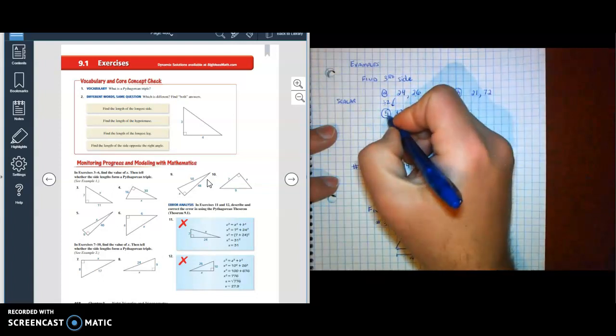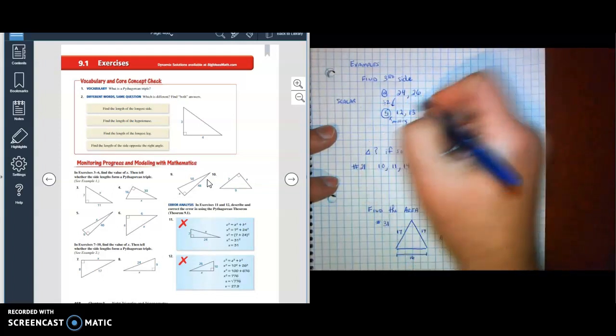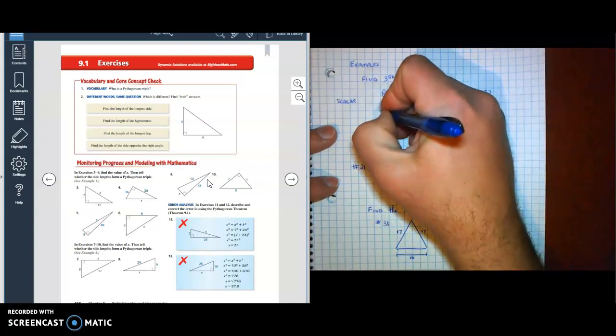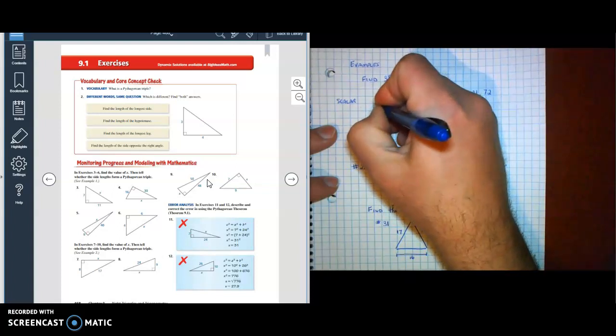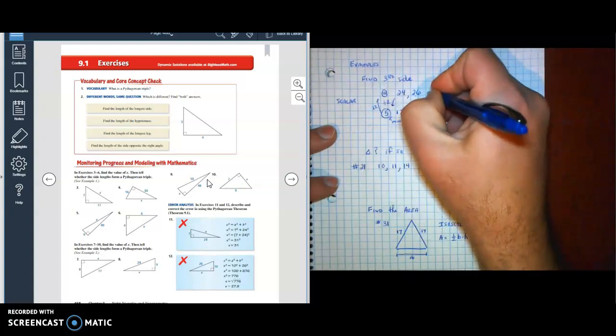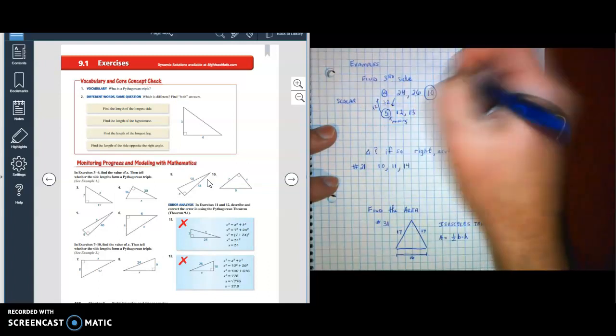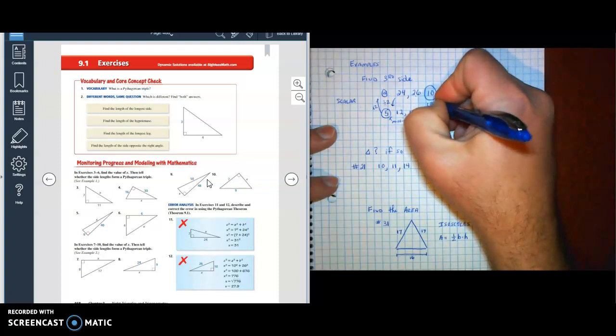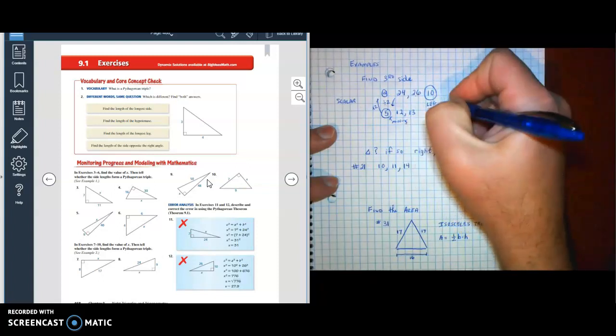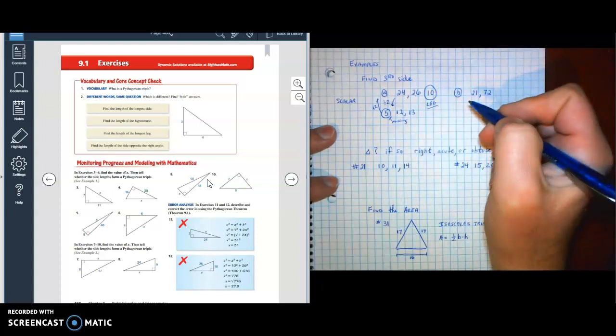Therefore we reapply the scale factor, multiply by 2, and we get an answer of 10. Of course we're probably going to ask you, is it a leg or hypotenuse, like we do in the worksheet. So it's a leg.